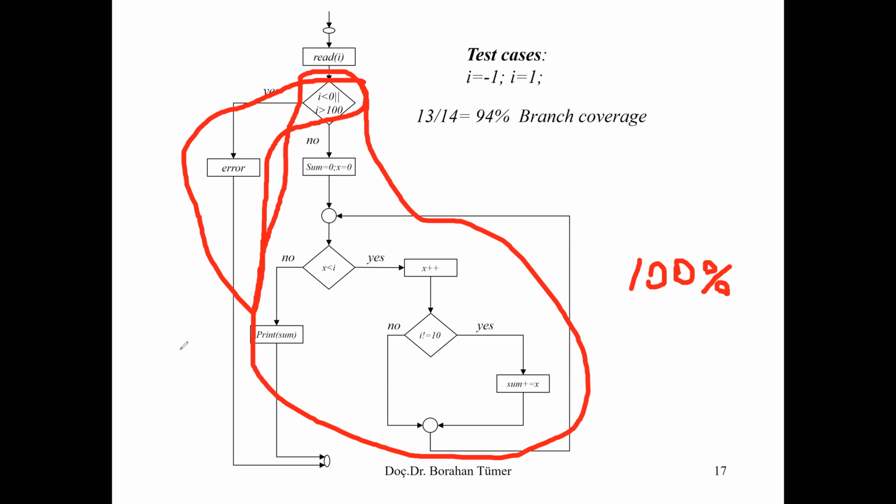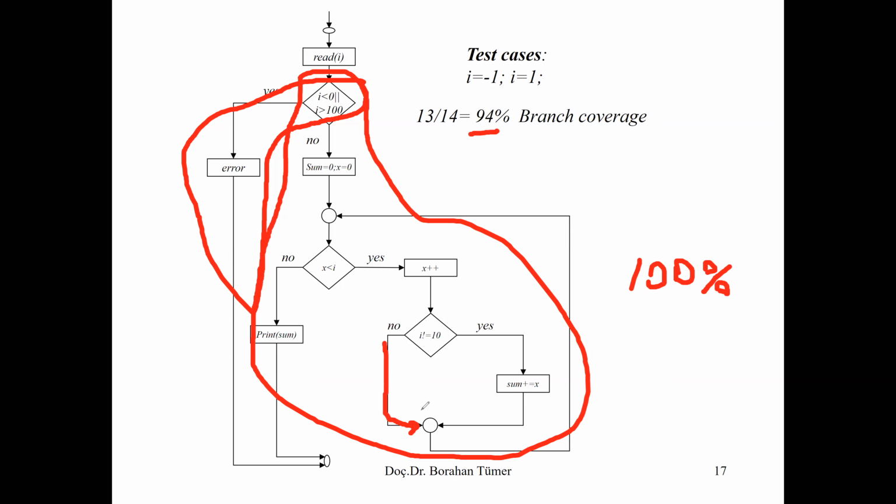And this is because this edge here is not included, or an execution path including this edge is not activated. So that's why we have a 94% branch coverage.